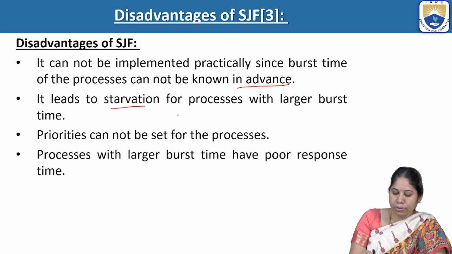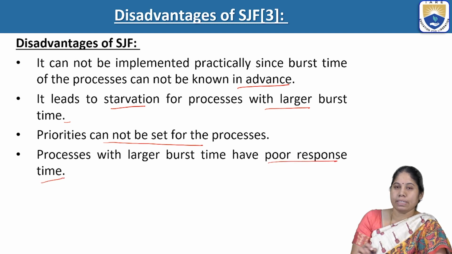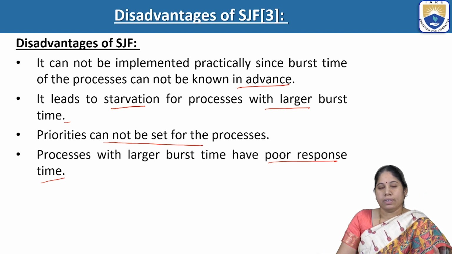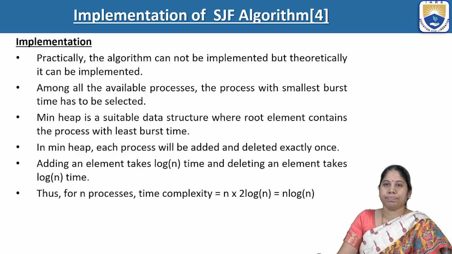With the largest burst time, I cannot assign priorities; I cannot set priorities for the processes. Processes with the largest burst time have poor response time, obviously, because a process with the shortest burst time is the shortest process, and those will keep on getting the CPU in this scheduling algorithm.